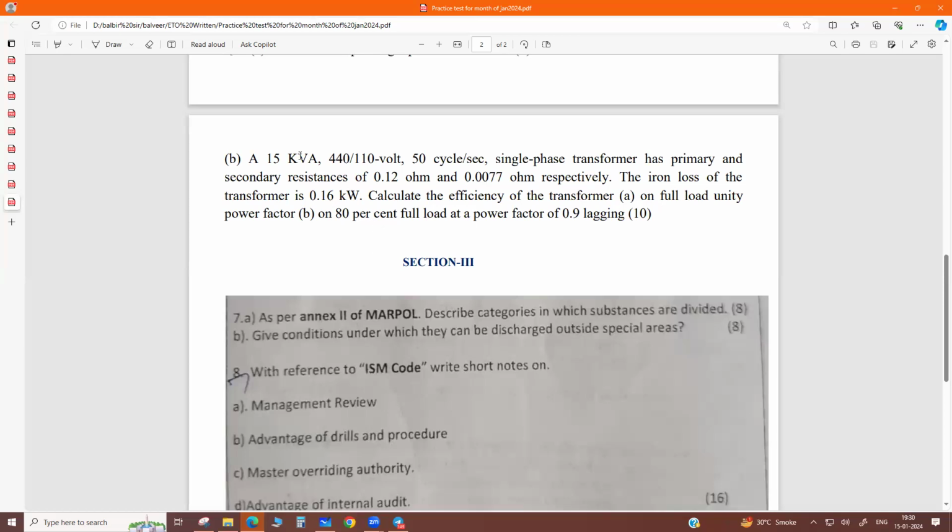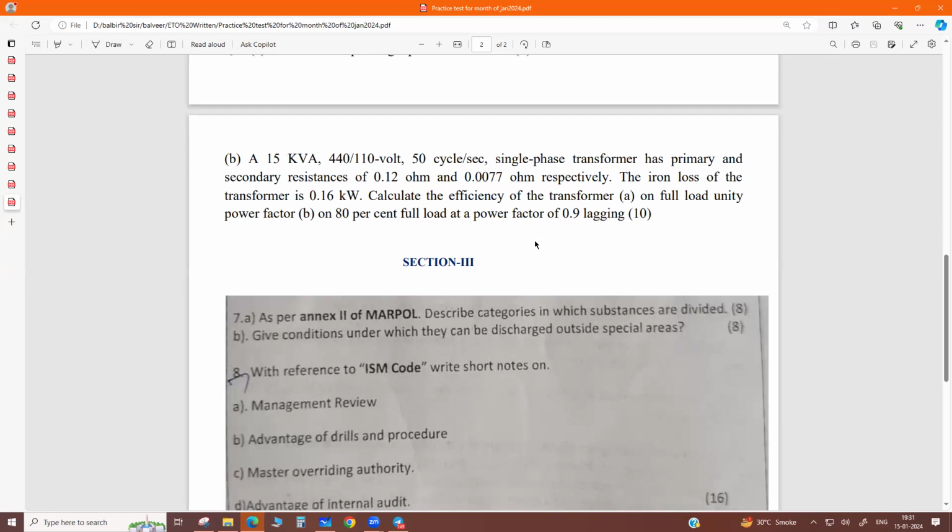What is the full load kilowatt? It is 50 kVA into power factor, and 80% means you multiply with 0.8. Then that is the output.